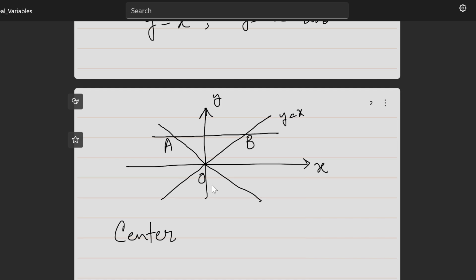So can you tell me what is its center of mass? It is a coordinate x bar comma y bar. So can you quickly tell what is x bar? Any idea? From this OAB triangular region, can you tell me?